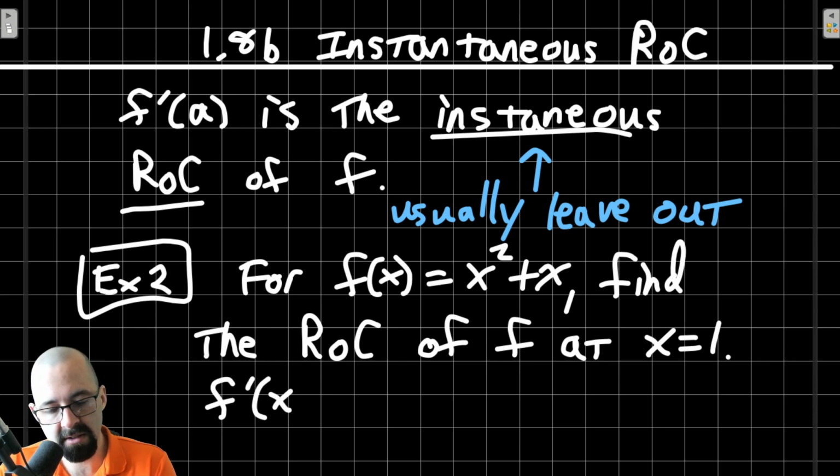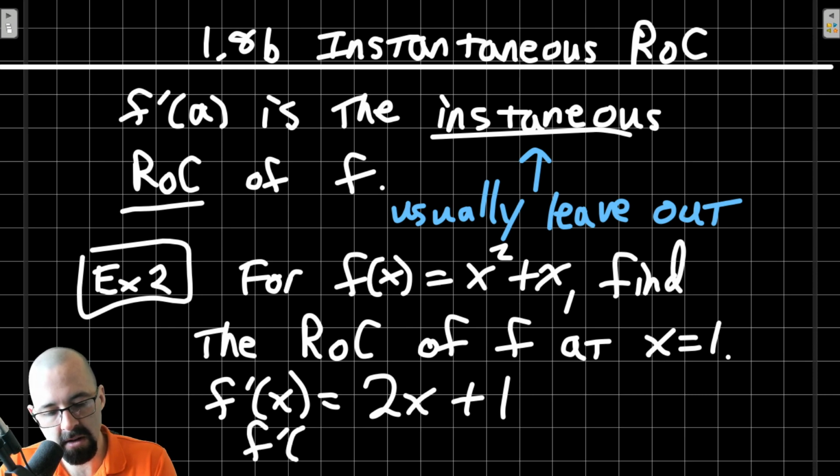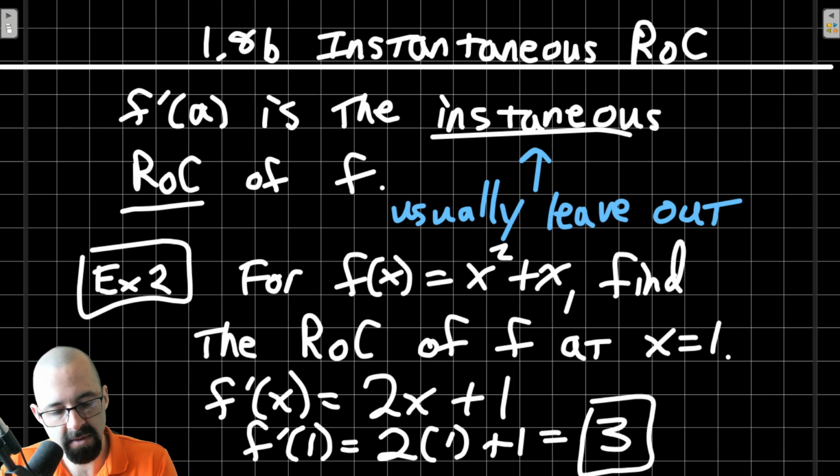f prime of x is equal to, use the power rule, derivative of x squared is 2x, and the derivative of x is 1. And now we just have to plug in 1. So f prime of 1 is equal to 2 times 1 plus 1, which is just 3.